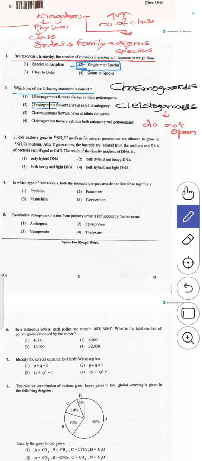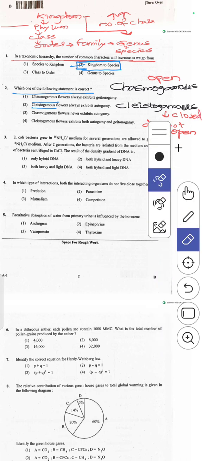Then here they are asking which type of pollination actually happens in these cleistogamous and chasmogamous flowers. As we all know, if a flower is open, then it can undergo cross pollination, or it can undergo self-pollination. Here, chasmogamous flower will be always open, whereas cleistogamous is always closed. So it is considered as closed, so do not open.